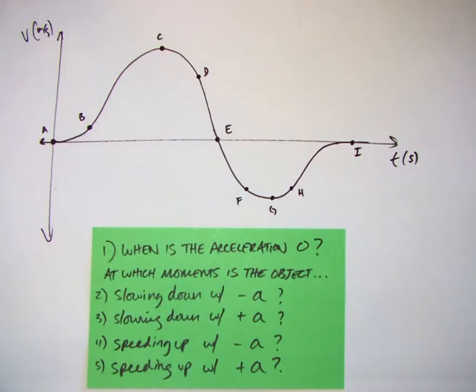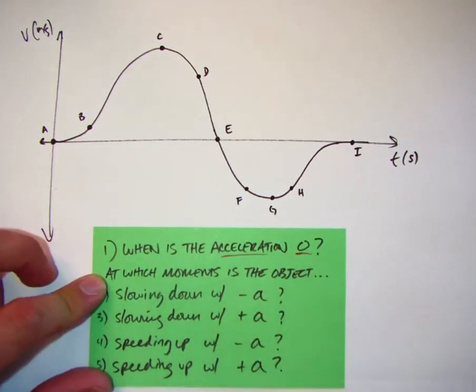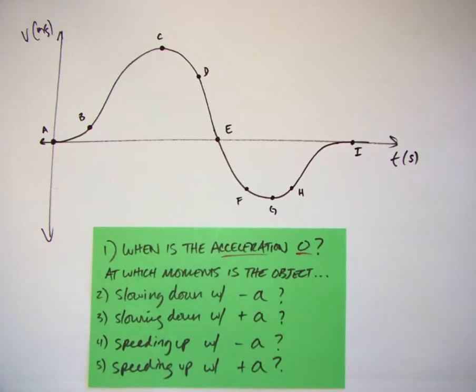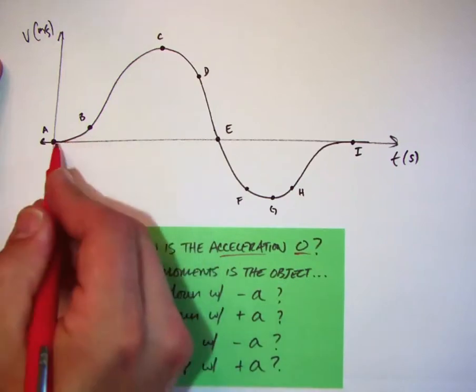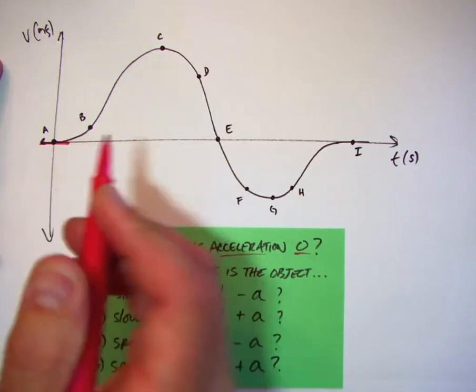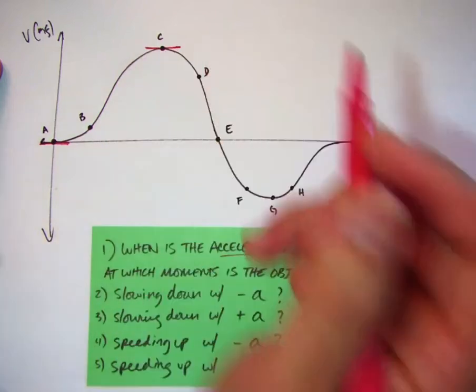Okay, let's go through these one at a time. When is the acceleration 0? Well, I have an acceleration of 0 where the slope of my tangent line is 0. So if I look at point A, I have a flat tangent line, horizontal tangent line.